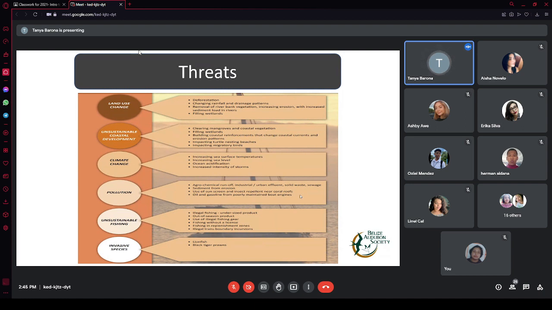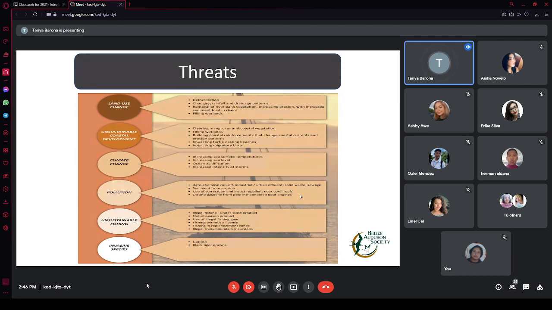You start to cut down all these mangroves just to develop or build a hotel. What happens? You won't have a nourishing ground, or you won't have that primary production of nutrients for the other system. Also, changing rainfall and drainage patterns if you cut down these forests. Removal of riverbank vegetation means increasing erosion and increased sediment loads in rivers. And if you fill up wetlands, it also has the same effect.